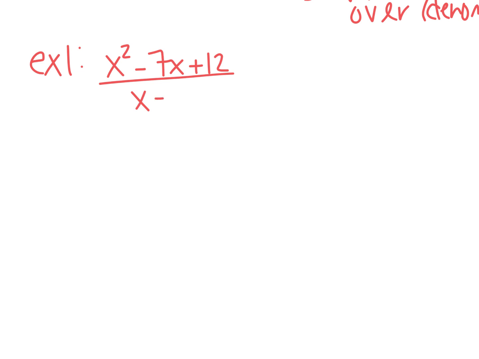So let's see what this looks like with a polynomial. And we do have this on our quiz tomorrow. So let's set it up first. We're going to say x squared minus 7x plus 12 divided by x minus 3.